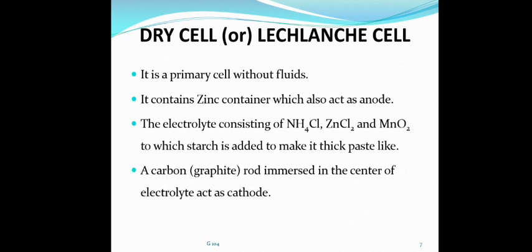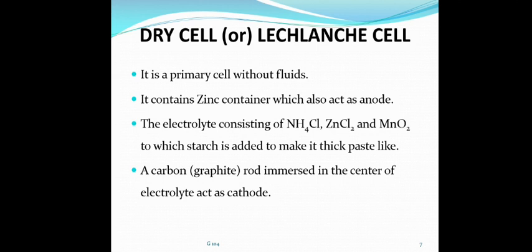So that is the electrolyte. What is the anode? The zinc container acts as anode, and the electrolyte is the mixture of ammonium chloride, zinc chloride and manganese dioxide mixed with starch, which looks in a semi-gel state.